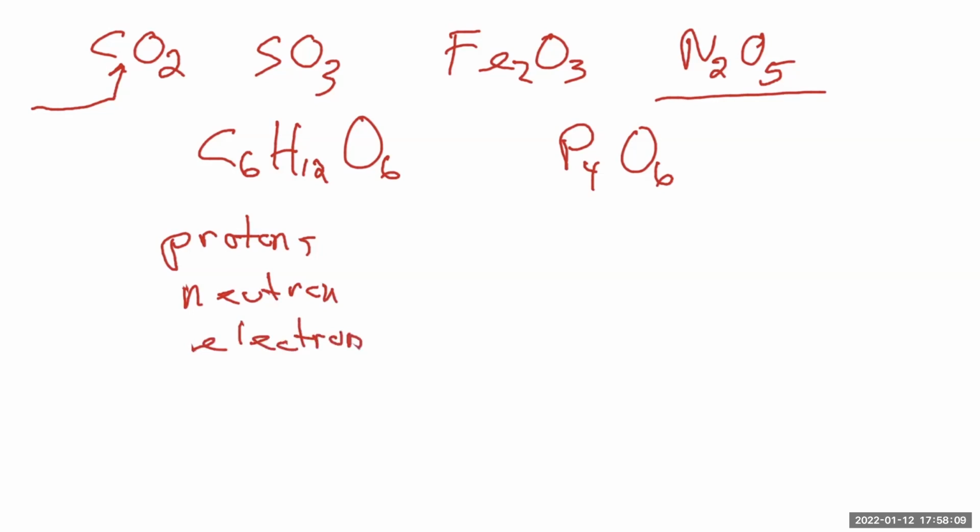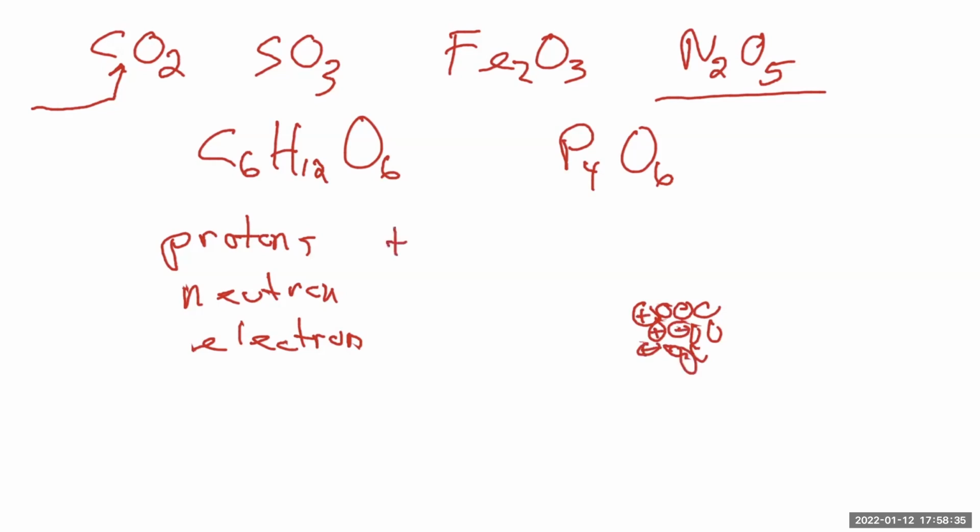So protons and neutrons make up each atom. Protons and neutrons are in the nucleus of the atom. So we have a center part. So at the center of the atom, you have protons and neutrons.